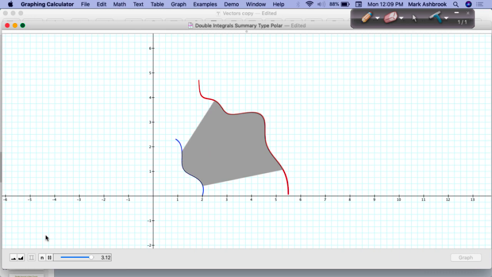Now it's too fast. So what are you seeing? Here's part 1, part 2. Part 1, part 2. So talk to the person next to you. What is this showing about polar double integrals?